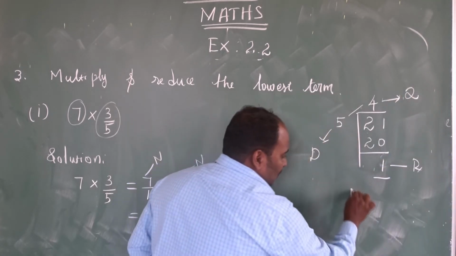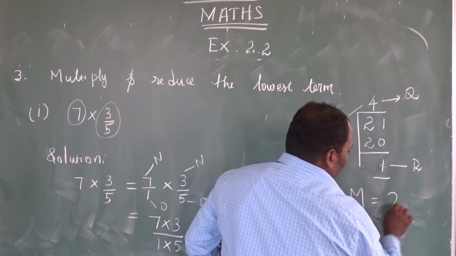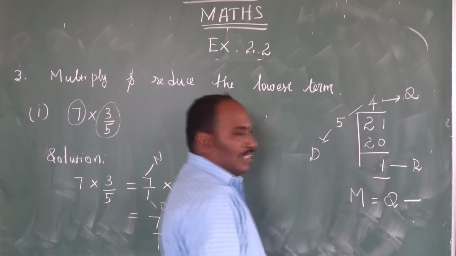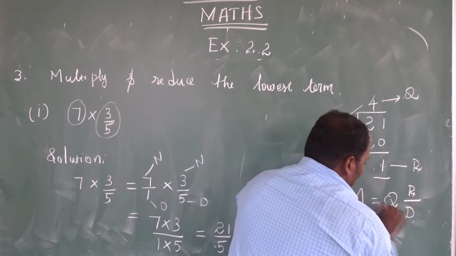So mixed fraction means mixed fraction is equal to quotient into remainder divided by divisor.